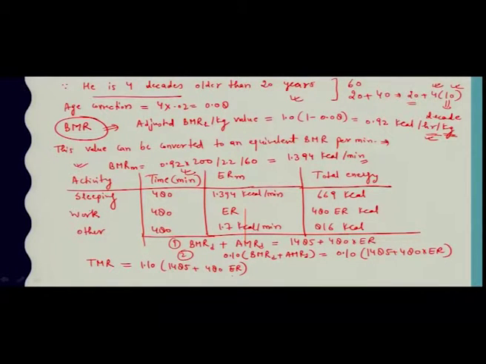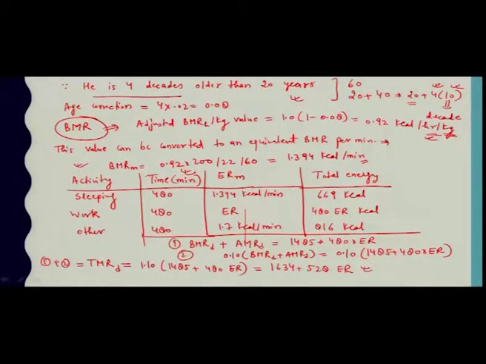So we have added 1 plus 2. This is the total daily metabolic rate, which is expressed in kilocalorie per day, and this 1.10 times 1485 plus 480 times ER. So here we can write it as 1634 plus 528 times ER.